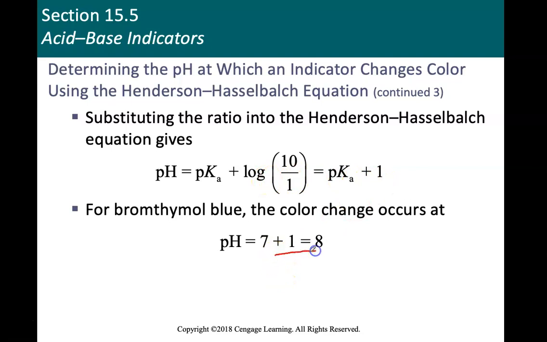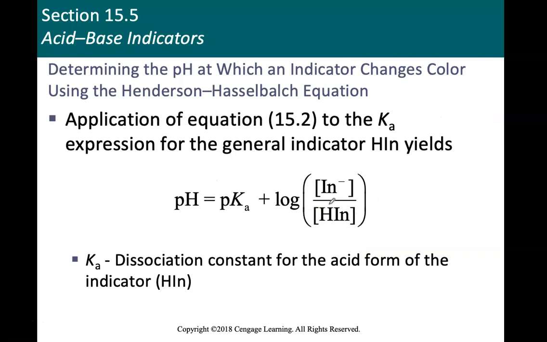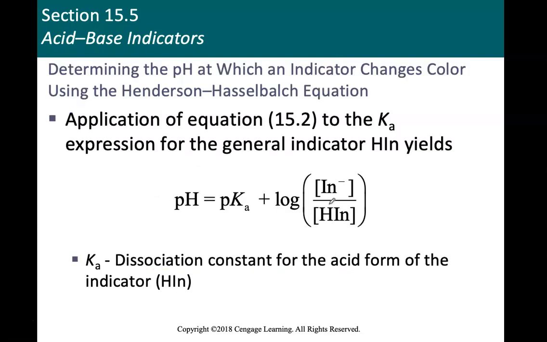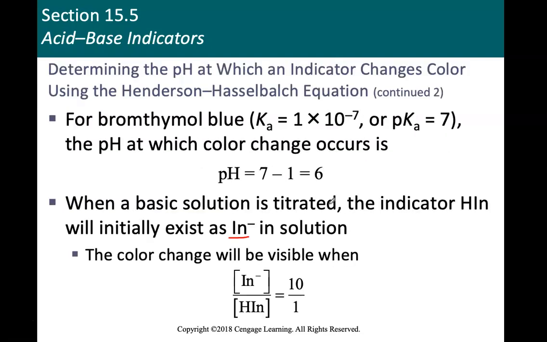So this is what we see. When you approach this titration from the basic side, the pH will be 8, which is 7 plus 1. And if you approach it from the acidic side, it is 6, which is 7 minus 1.